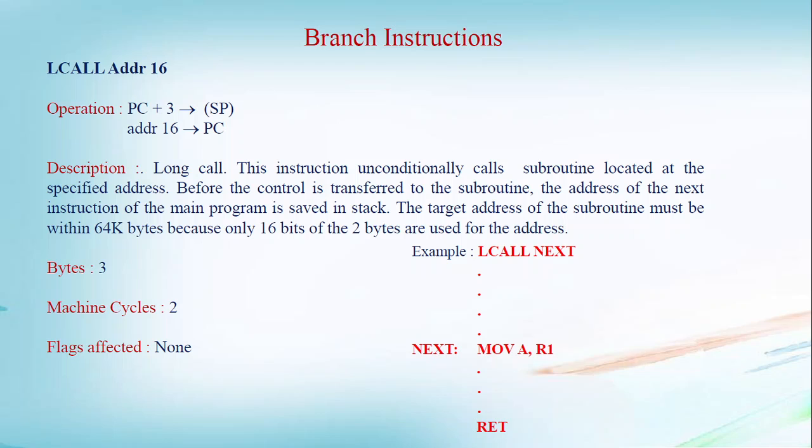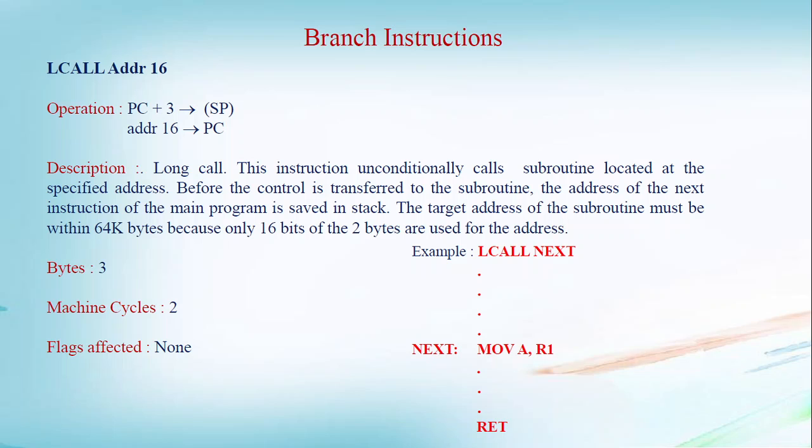Then LCALL ADDR16. It means long call instruction. This instruction unconditionally calls a subroutine located at a specified address. Before the control is transferred to the subroutine, the address of the next instruction of the main program is saved into the stack. The target address of the LCALL instruction is within 64 kilobytes because 16 bits of the 3 bytes are used for the address.